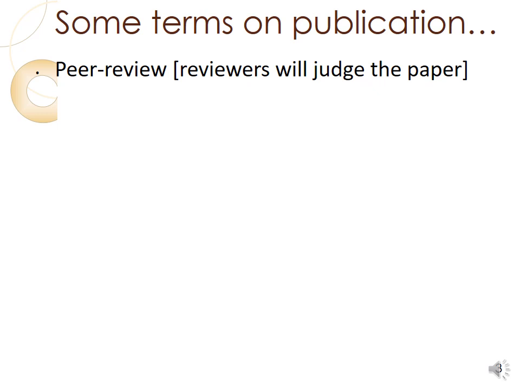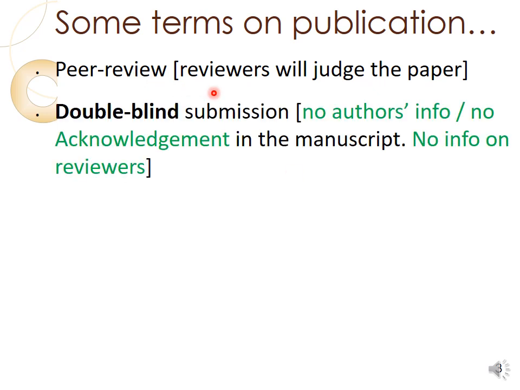Some terms on publications, like peer review, where reviewers will judge a paper. Most of the cases, the IEEE conferences and others mention double blind submission. It means that in the initial submission, you must not add any author's information, no acknowledgement, so that no one can find your identity.